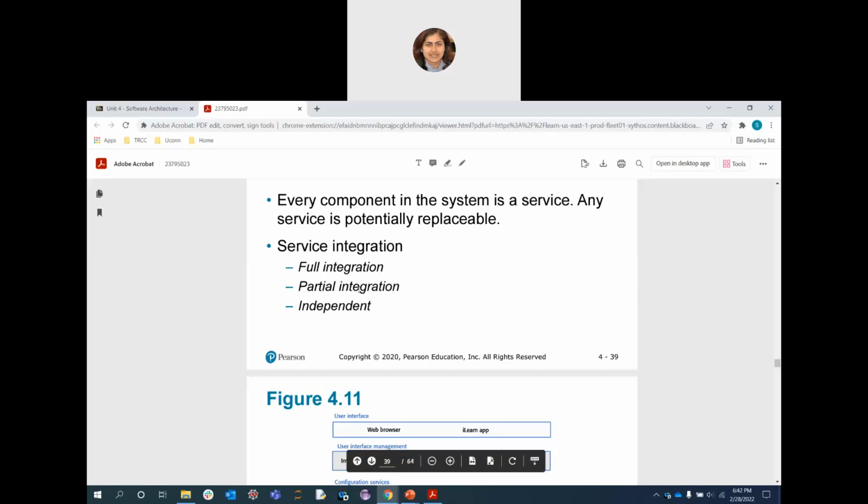The partial integration services may share service components and database, but are not aware of and cannot communicate directly with other application services' APIs. And the independent ones are the specific services which do not use any shared system services or databases, and they are unaware of any other services in the system, and they can be replaced by any other comparable service.